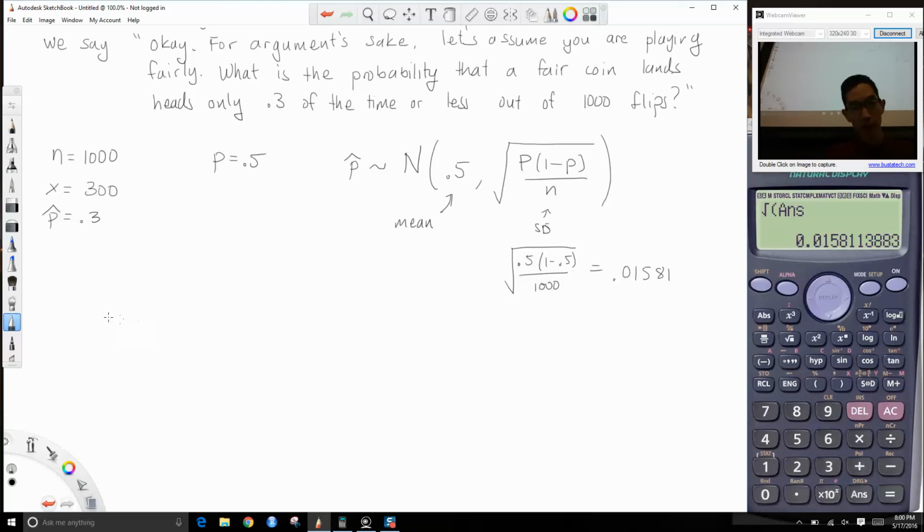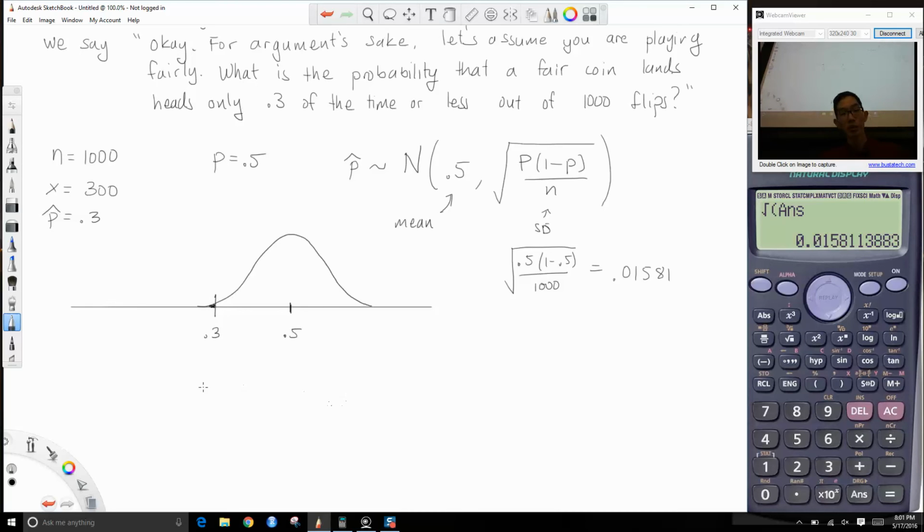And then in our picture, we have a normal model. Okay. The mean is centered at 0.5, and we are down at 0.3, okay? And we want to know what's the probability of getting 0.3 or less, okay?